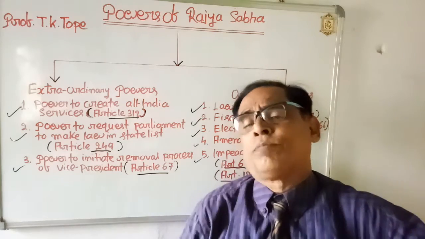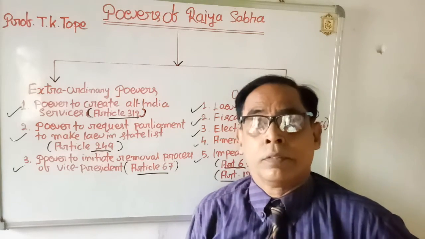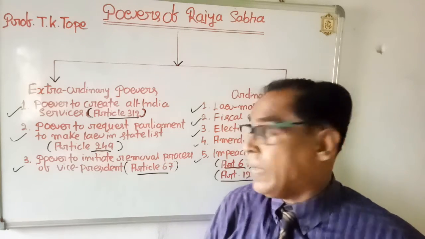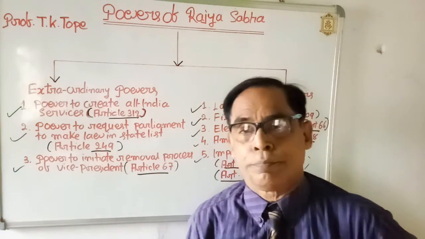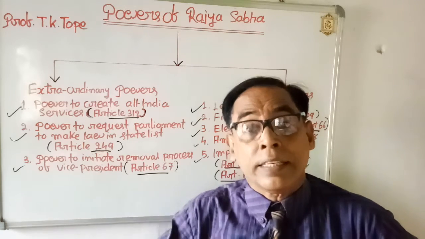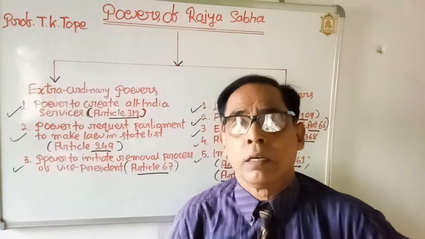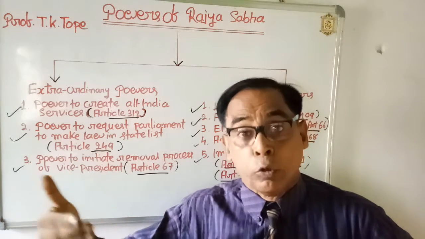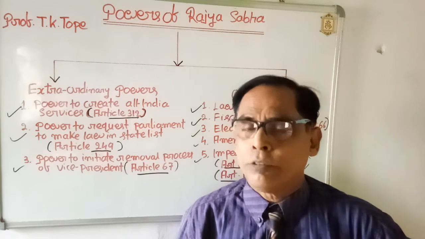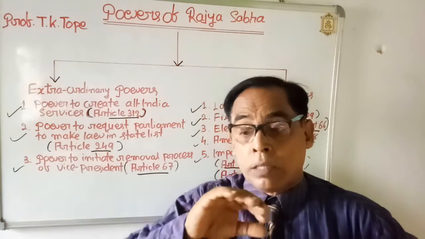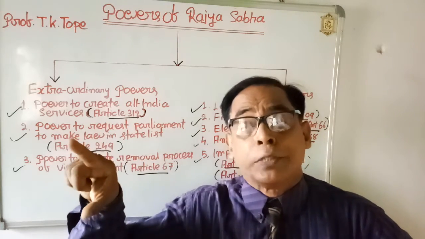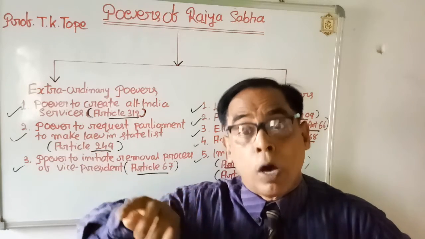Okay, my viewers, the third important special power of Rajya Sabha is mentioned under Article 67. Under Article 67, it is mentioned that if the Vice President of the country has to be removed on any ground, then the initiation to remove the Vice President will start from Rajya Sabha.